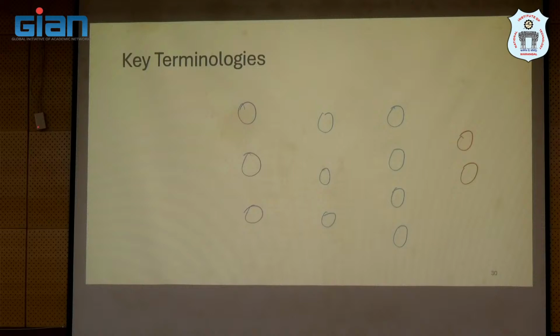This is a fully connected network, so there are weights here, weights here, and biases here. And then you have predictions, and then you can calculate the loss and update the weights to minimize the loss. So this is the whole process.